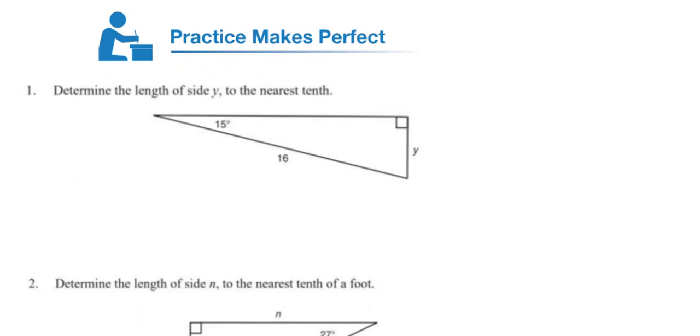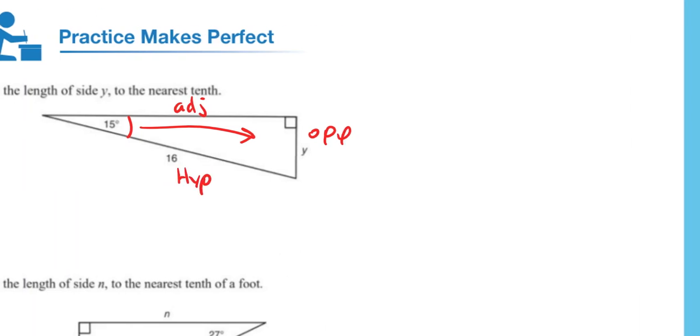Okay. So looking at this one, we've got our angle here. So that would make this my opposite, this my adjacent. No, sorry, what am I doing? This my adjacent, and this my hypotenuse. All right, and then we can write down SOHCAHTOA.